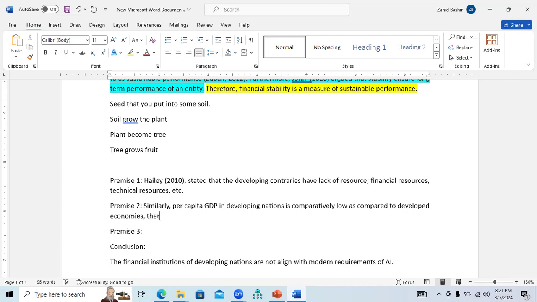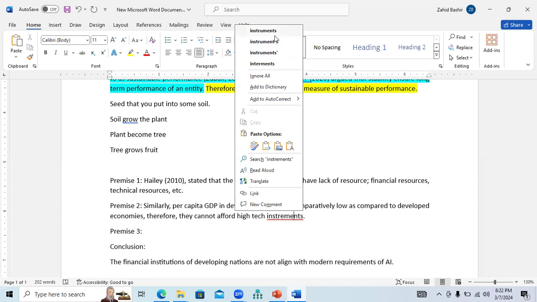Therefore, they cannot afford high tax. Now, this is another claim that I have included.